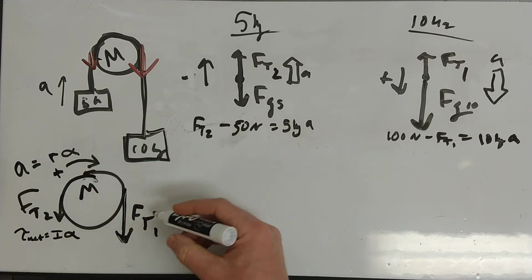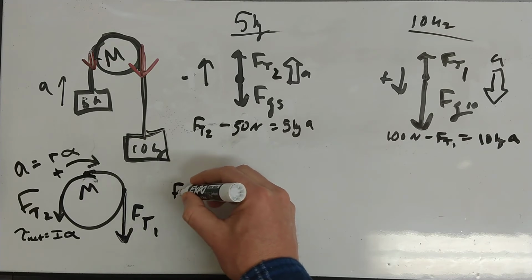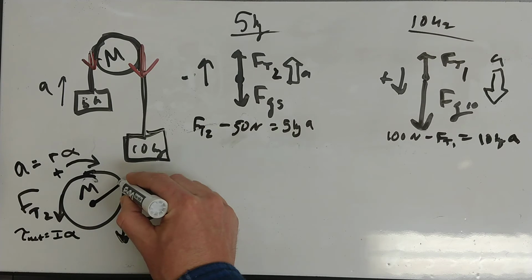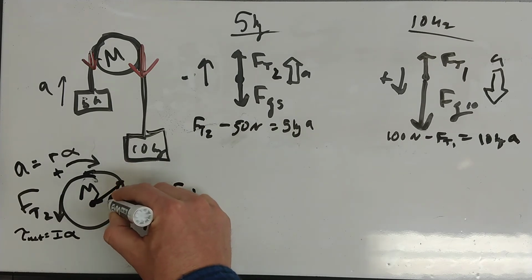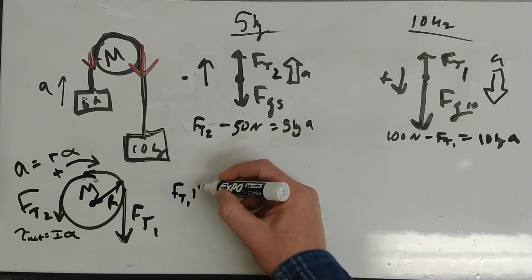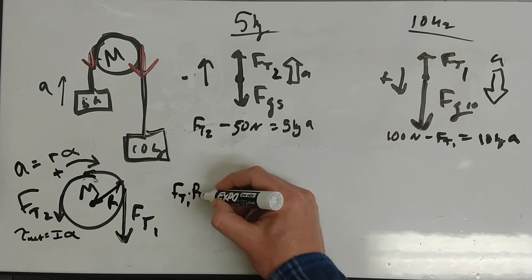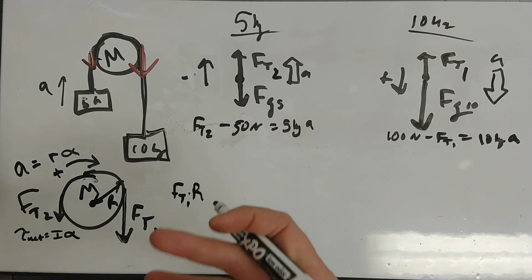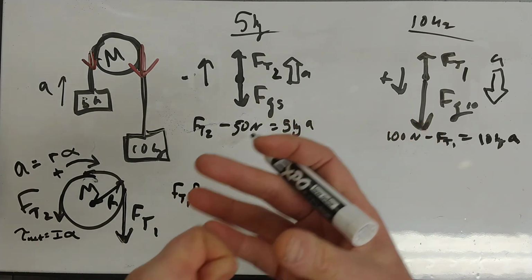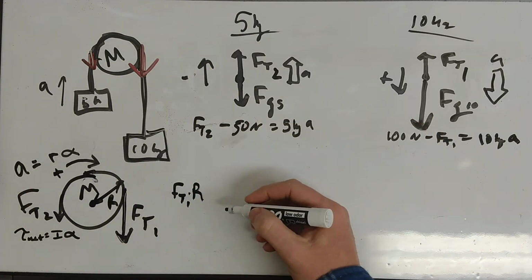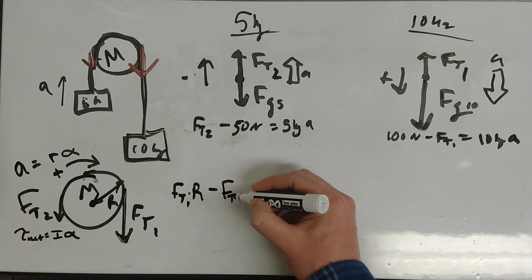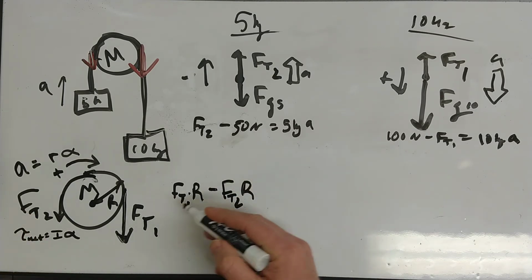So FT1 times the radius of this object, again we call this a rigid body, it's a pulley, times the radius of that pulley, capital R. We usually make the radius of these physical objects a capital R and the mass a capital M. Minus FT2 times capital R. Why am I multiplying by R?